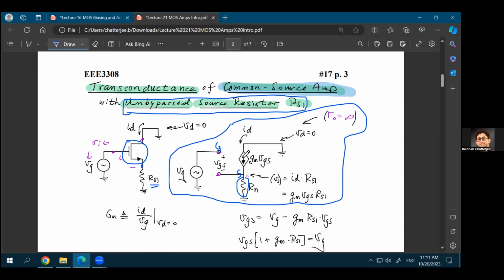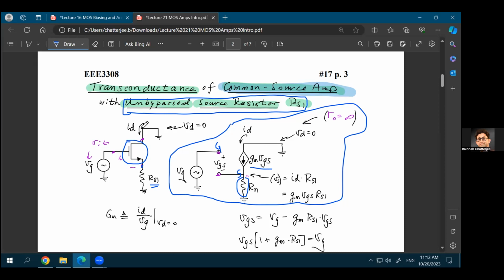The current that is flowing through the MOSFET is GM times VGS. That's just from the definition of GM: the transconductance multiplied with the input voltage gives you the output current. So GM times VGS is your output current in the MOSFET.